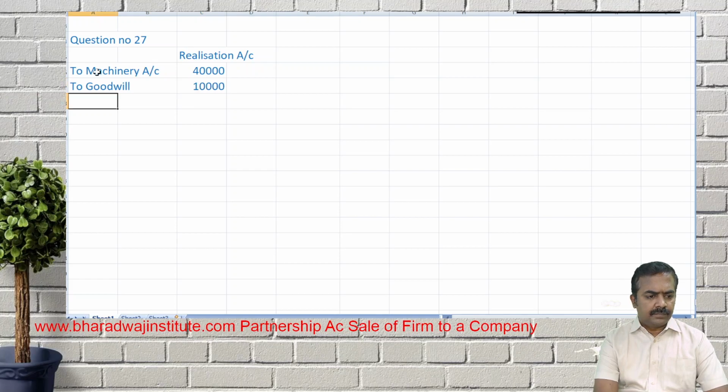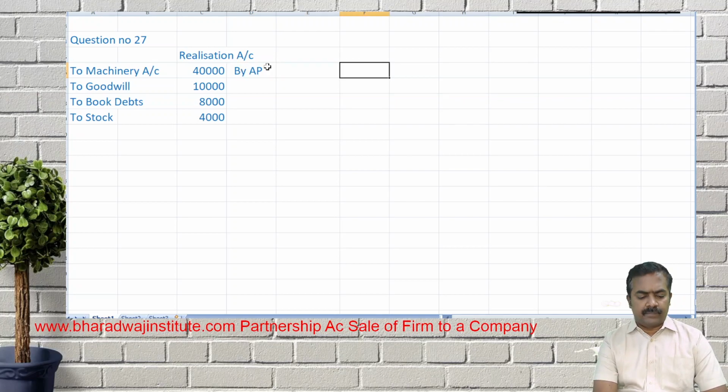Then to book debts, 8,000. Apram. Stock, how much? 4,000. Apram. Current account will not come. What are the liabilities? Accounts payable. Accounts payable, how much? 10,000. Then that's it.